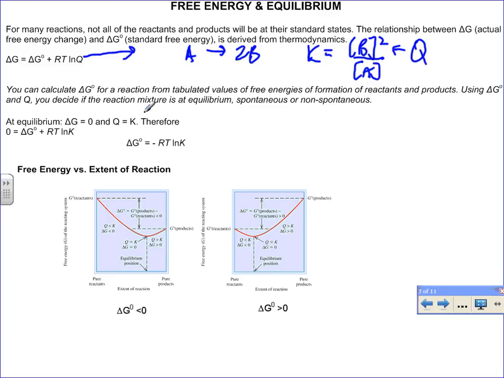Now, the other thing that we can get from this is using our knowledge of the fact that when a system is at equilibrium, the Gibbs free energy is equal to 0, and the Q is actually equal to K. Okay, we can set this relationship equal to 0 and plug in a K for the Q. And what we actually get is a relationship between Gibbs free energy and the equilibrium constant.